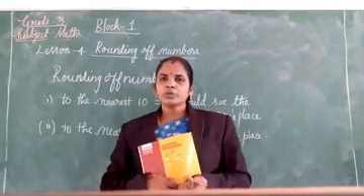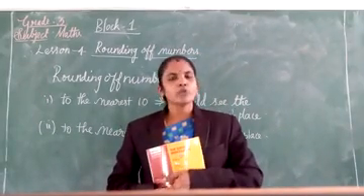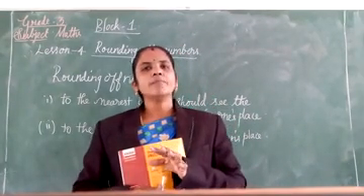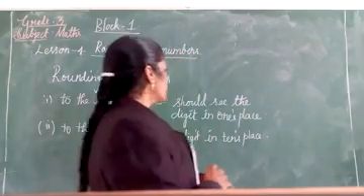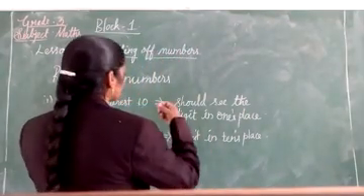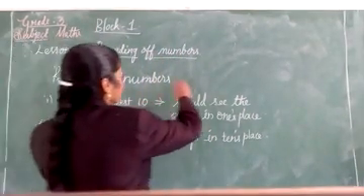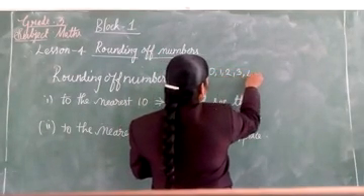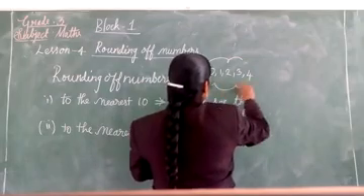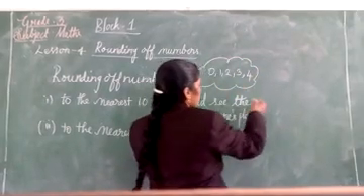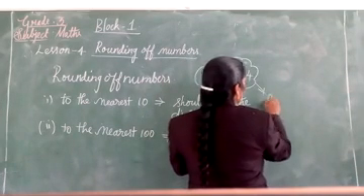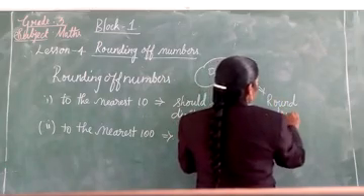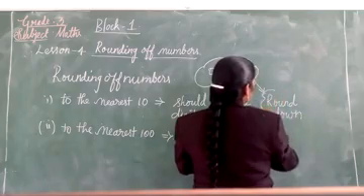For rounding of the numbers, there is one more rule we have to see. If the digit is 0, 1, 2, 3, 4, we should round down the number.